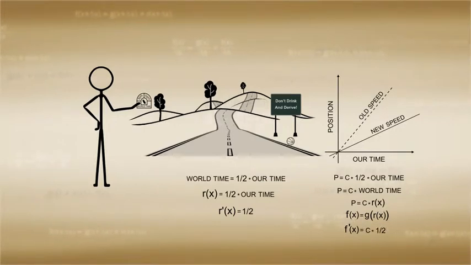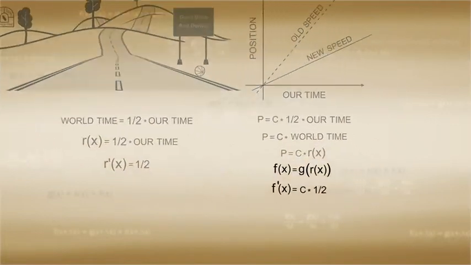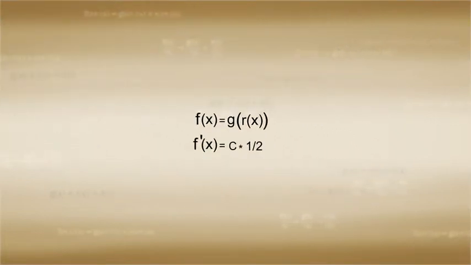This example seems to imply that in the situations where our function is g of r of x, our derivative would be equal to the derivative of g times the derivative of r. This seems too simple, and at this point, it is very questionable if this relationship generalizes to all functions.